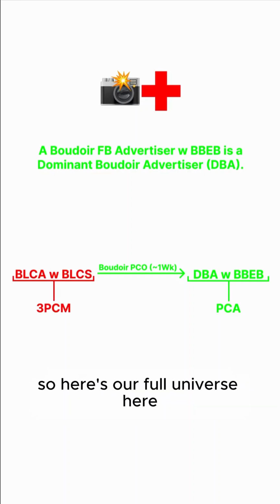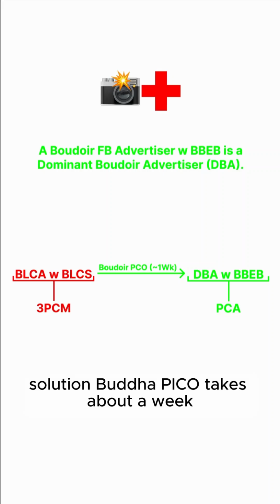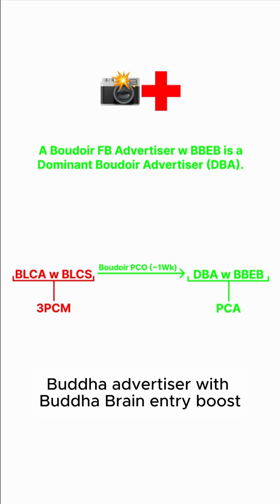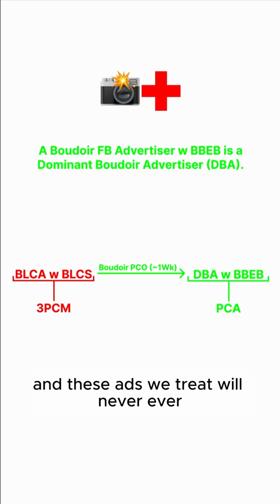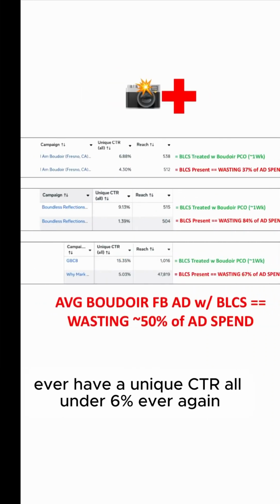So here's our full universe. A BLCA with BLCS is caused by the 3 pre-click mistakes. Solution, Boudoir Pico takes about a week. Achieve pre-click alignment, become a dominant Boudoir advertiser with Boudoir brain entry boost. And these ads we treat will never, ever, ever have a unique CTR under 6% ever again.